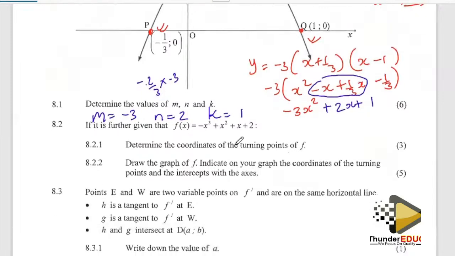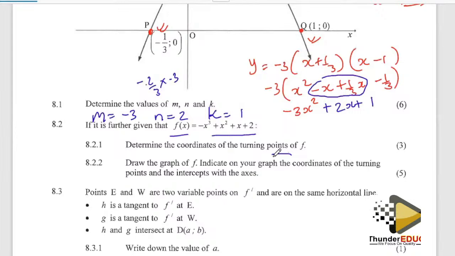8.2. If it's further given that f of x, which means the original graph is this, can we determine the coordinates of the turning points of f? There are 2 ways to do this.